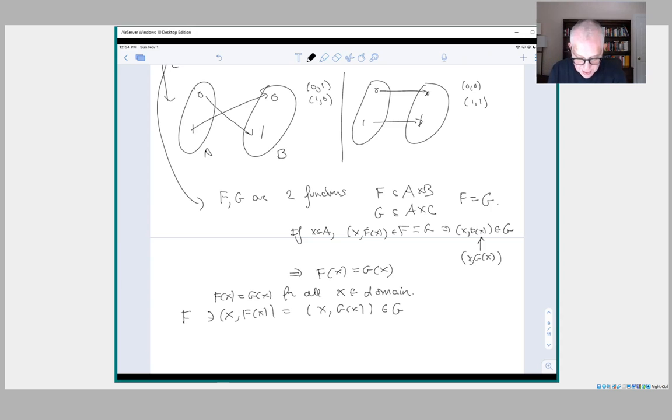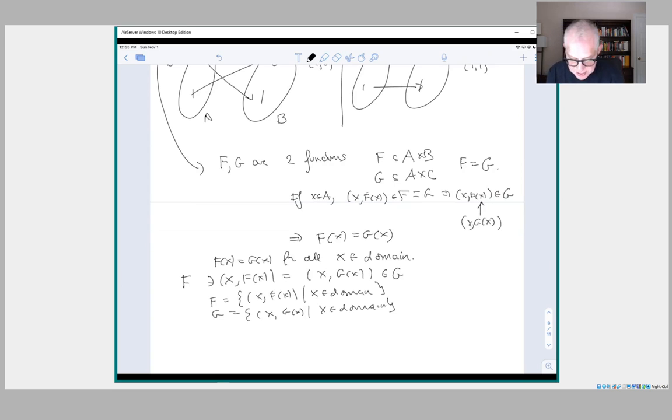So f exactly consists of the pairs (x, f of x) for x in the domain, and g consists of the pairs (x, g of x) for all x in the domain. But all these f of x's are equal to g of x's, and that tells us that these sets are actually the same.